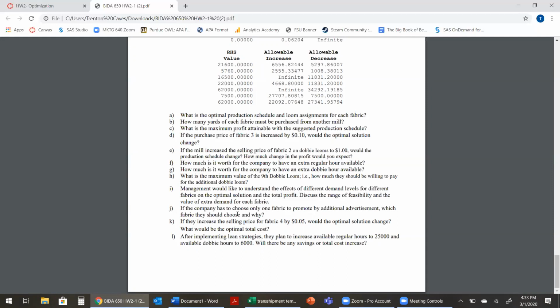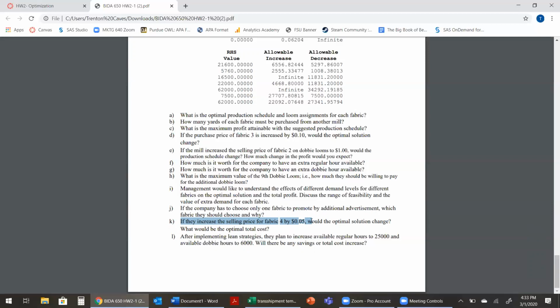All right, questions K and L both talk about changing multiple factors. Question K, if the selling price for fabric 4 increased by 5 cents, would the optimal solution change?